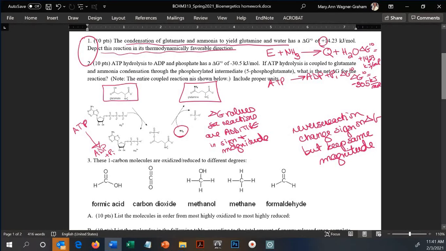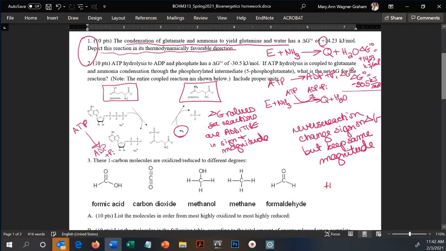Now, if we combine these equations, we would have this, and usually this is written out. So what is the overall delta G prime naught for this combined reaction? Well, you'd have to do the math.